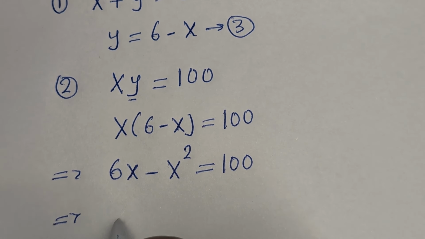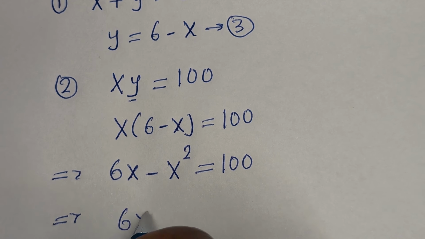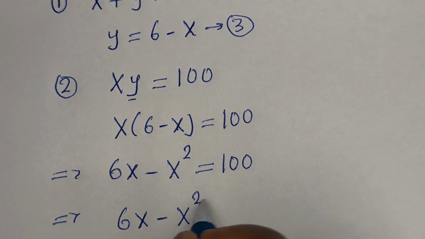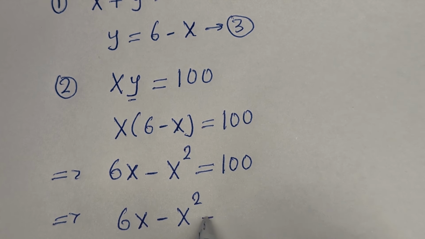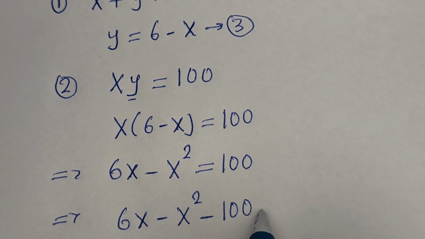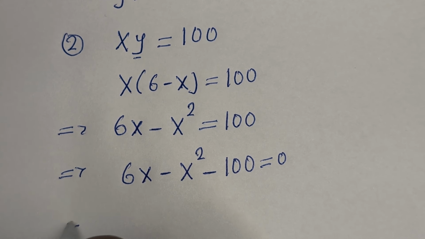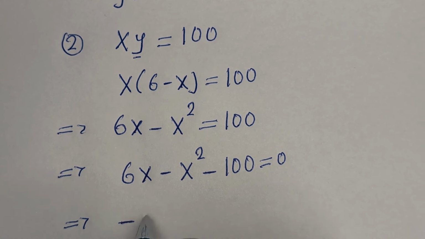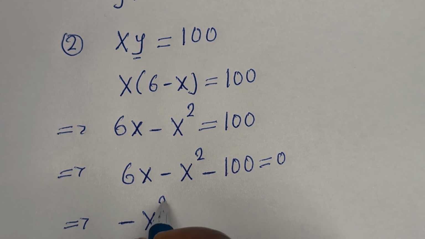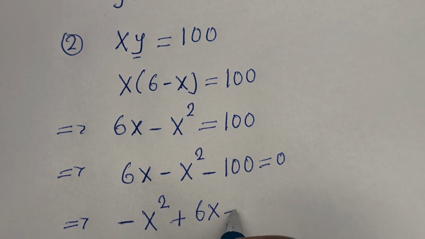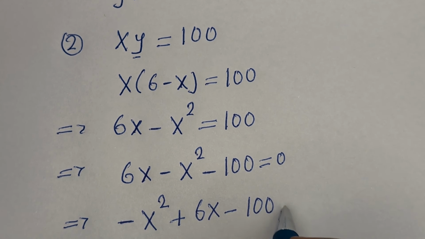Here we have 6s minus s square. If you bring this 100 to this side, it becomes minus 100 is equal to 0. Now this can be written as minus s square plus 6s minus 100 is equal to 0.